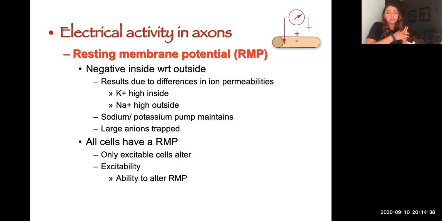The ions she's talking about are the negative ions that are trapped inside the cell. All cells have a resting membrane potential. She said there's a range from -65 all the way to -90 or -85, thereabouts. Different cells have different resting membrane potentials, but the average that she wants us to know is -70.